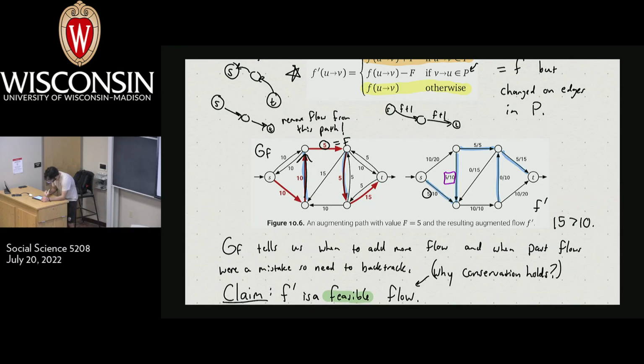So I'm using the word backtrack here specifically to indicate this is kind of like dynamic programming. In effect, this procedure is going to generate all possible flows recursively. But we'll get to that later. I just want to put that into your mind.